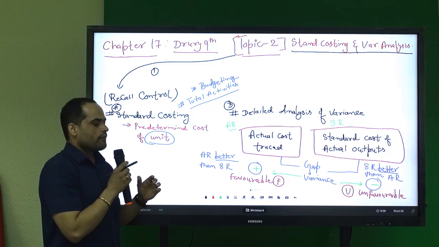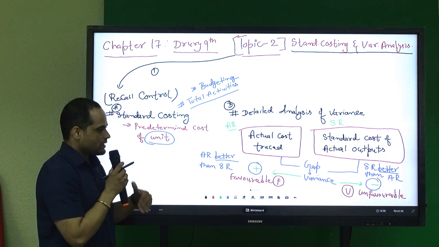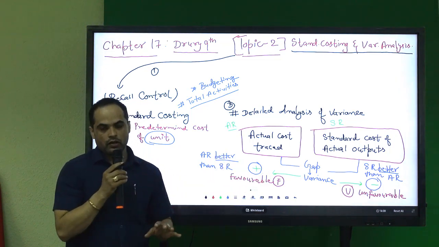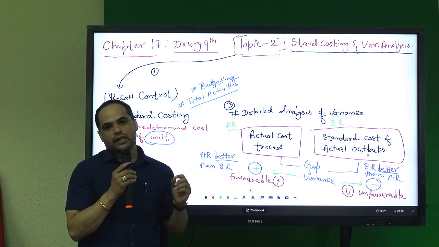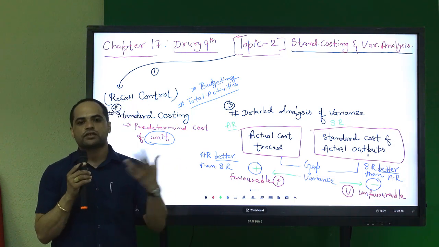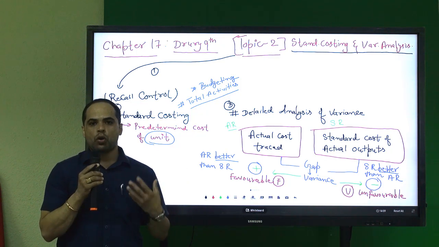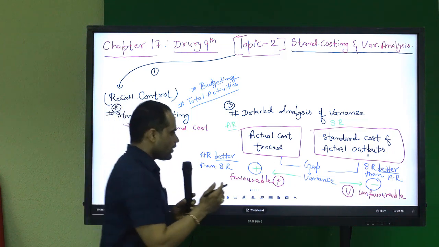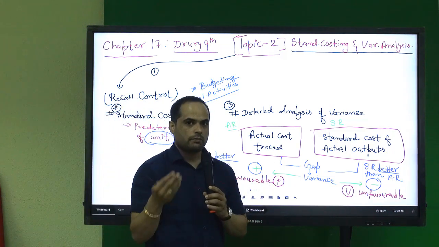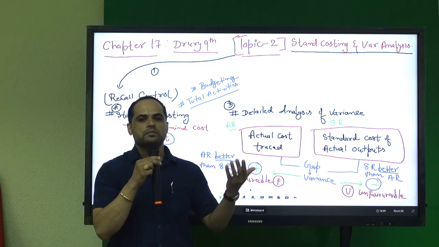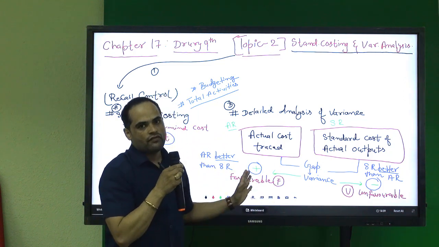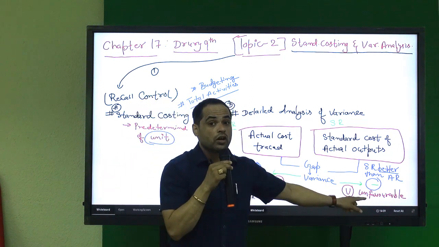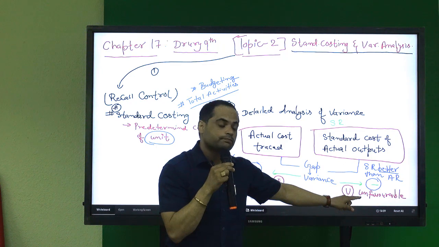Once we have calculated the variance, favorable or unfavorable, it means we found that there is a difference, a positive or negative difference. So we need to know the reasons for it. We call these possible causes. Possible causes means the reasons behind these kinds of variances and results. Maybe we did not achieve the target, what are the reasons?